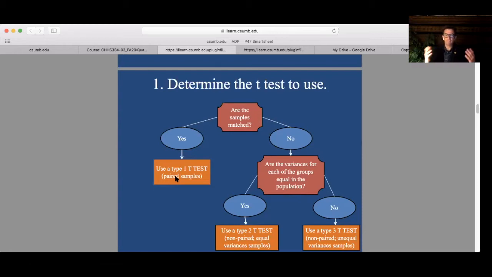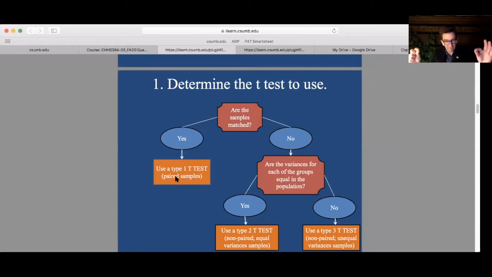Let's say I tested you in the beginning of the course on your knowledge of statistics, and you have your grade. And then I tested you at the end of the course on your knowledge of statistics. Then I know it's you. I can compare your individual grade in the pre to your individual grade in the post.